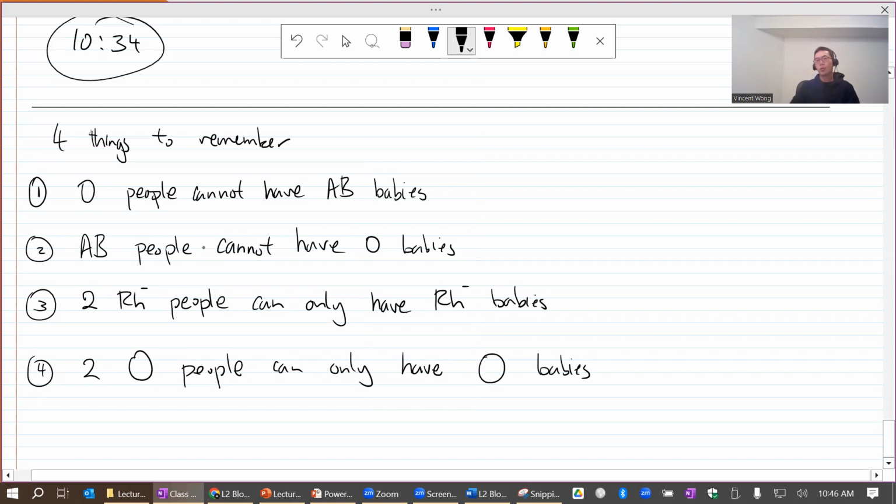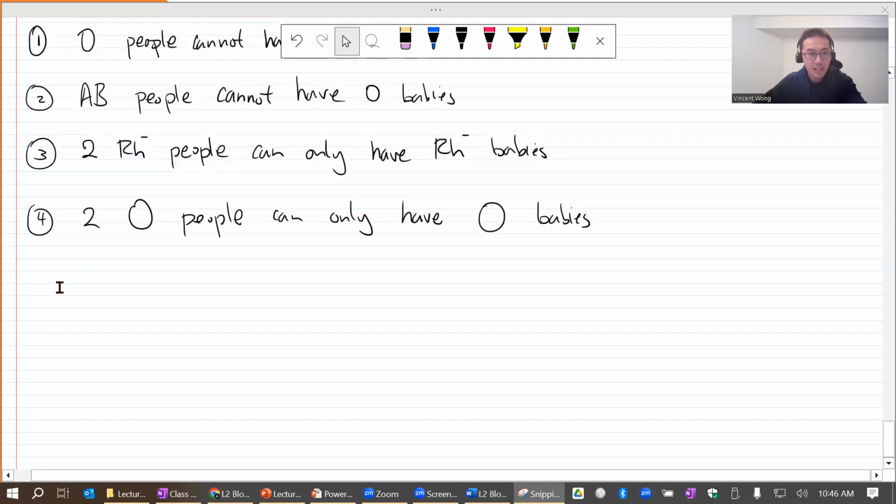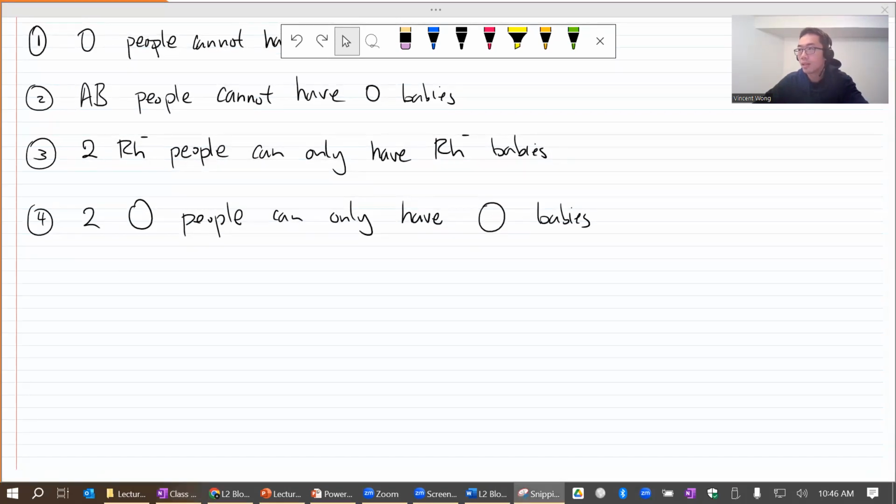If you're O, then you're little i, little i. If your spouse is O, they are little i, little i. Whole family, little i, little i. 100%, huh? So using these facts alone, we should be able to match the babies. Okay?